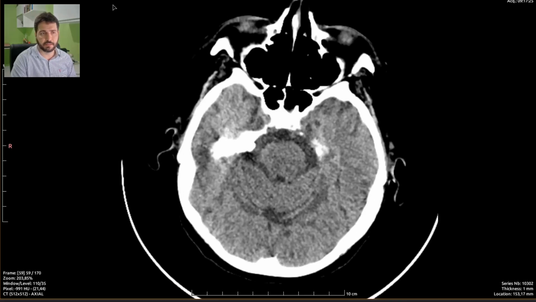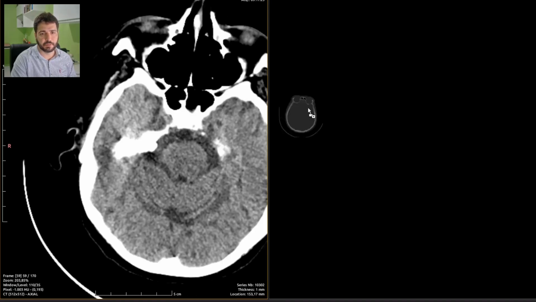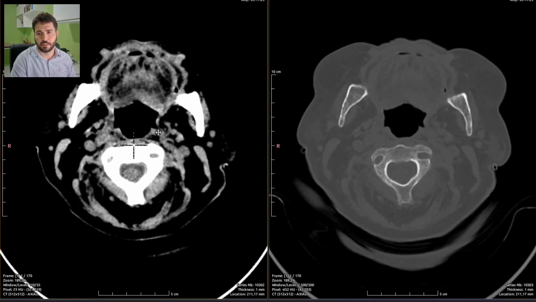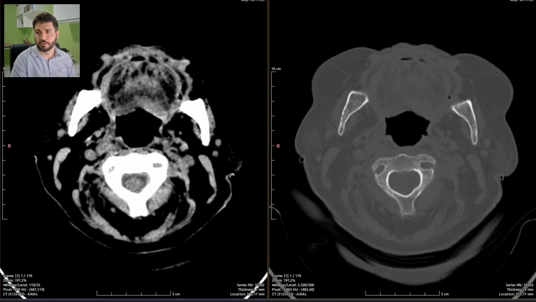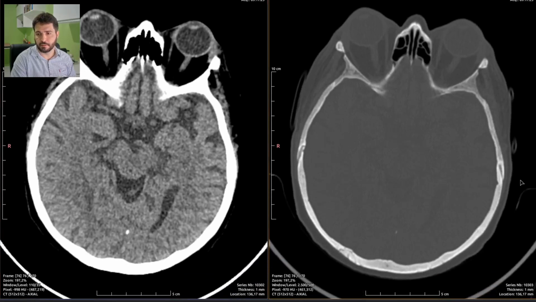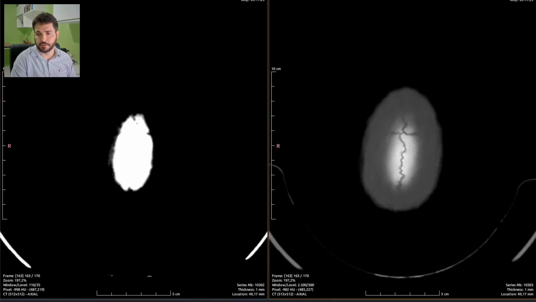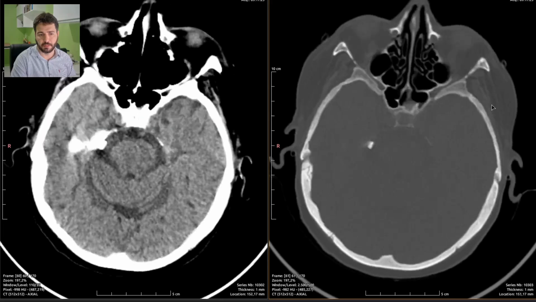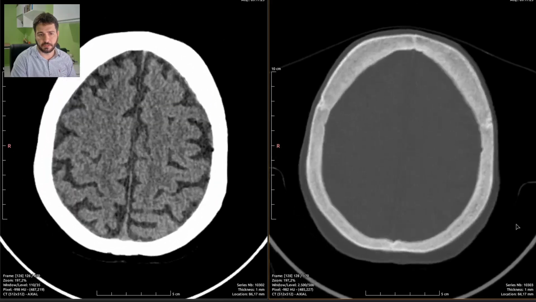So let's start with the easy one. The easy one is always the brain CT scan. I'm sorry if the neuroradiologist guys are watching, but we all know CT scans of the head are the easy peasy ones.